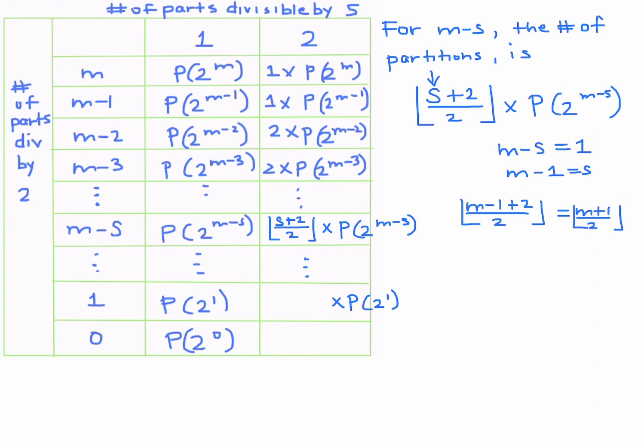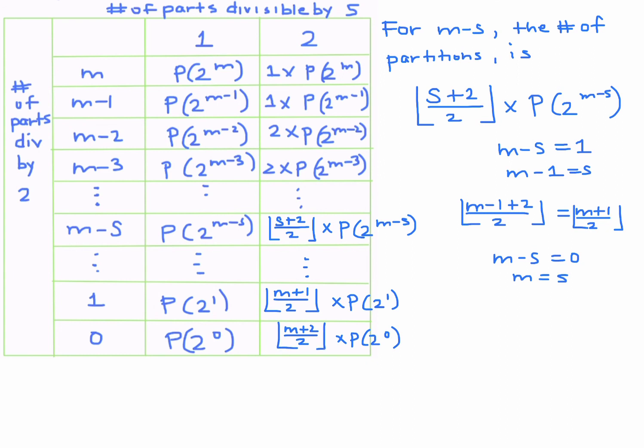And that is what you put here, m plus 1 over 2, the integer value. And the very last one, when you have p at 2 to the power of 0, now my m minus s is basically 0, so that means s is equal to m. So that's what I put here. And if I put m there, obviously it will be m plus 2 divided by 2. So this is my complete table.